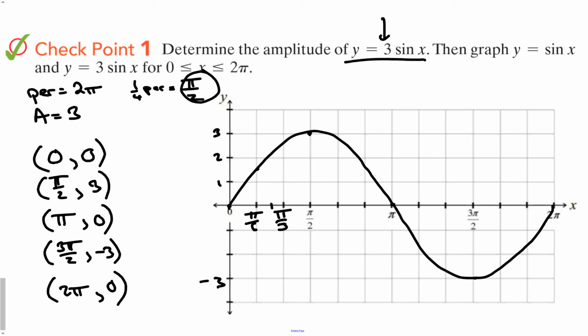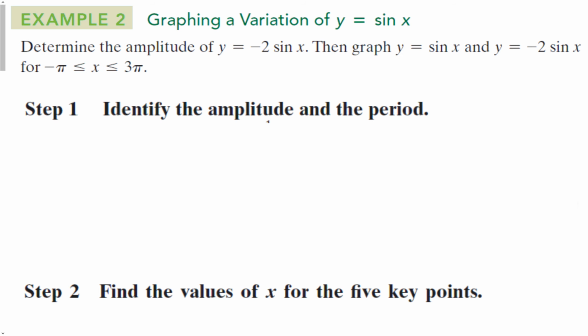Okay? Let's try one with a negative in the front. First, again, the amplitude is still going to be 2. The period is going to be 2 pi. A quarter of the period is still going to be pi over 2.